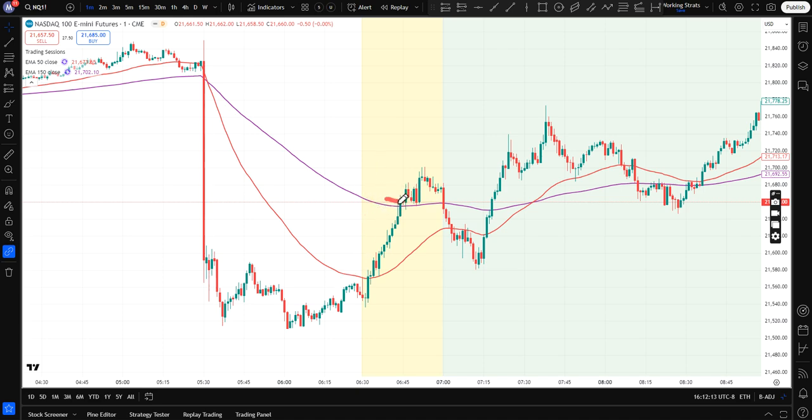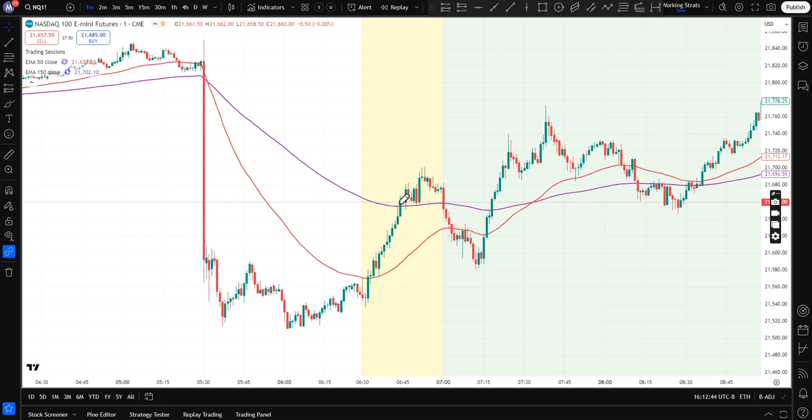As soon as this guy here closes above my purple line, then that means I'm ready to start looking for shorts. As long as this fast EMA stays below the slow EMA, and then after this candle closes back above my slow EMA, I look for a candle to come back down and close below the fast EMA.